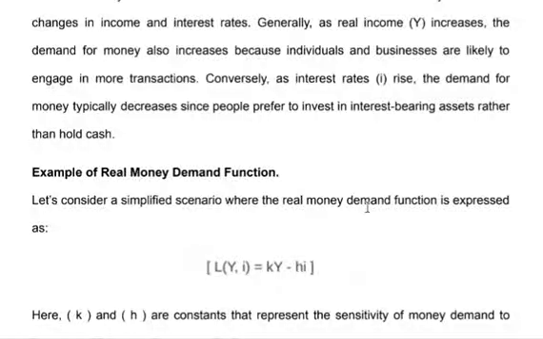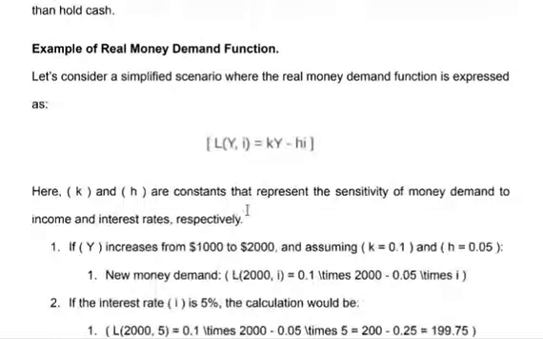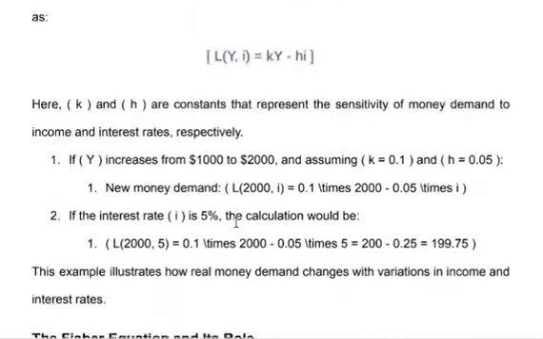Let's consider a simplified scenario where the real money demand function is expressed as L(Y, I) = KY - HI. Here, K and H are constants that represent the sensitivity of money demand to income and interest rates, respectively.